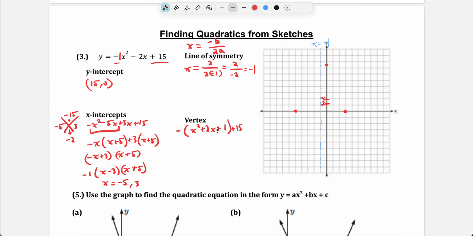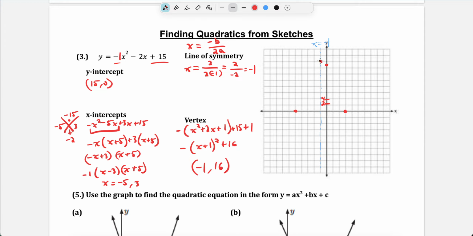Then I got to think, well, I added 1, yes, but if I distribute this negative 1 back through, I actually subtracted 1 here, so I'm going to go ahead and add 1 there. So this would be negative, open parentheses, x plus 1 whole squared, and then plus 16, which means my vertex is going to be at negative 1, positive 16.